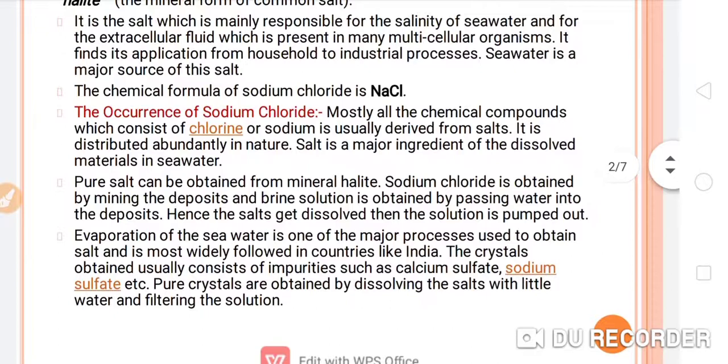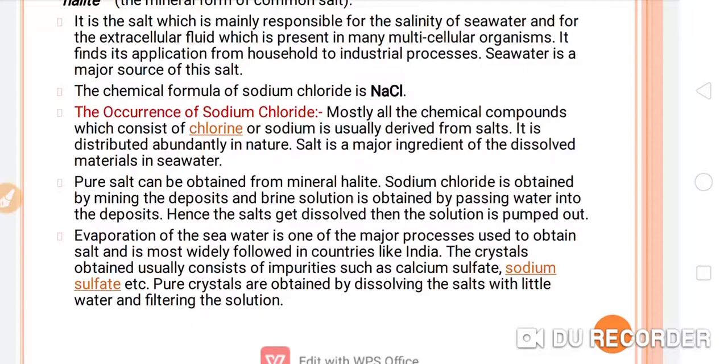Now the next very important point, the occurrence of sodium chloride. From where are we getting it? Mostly all the chemical compounds which consist of chlorine or sodium are usually derived from salts. It is distributed abundantly in nature.